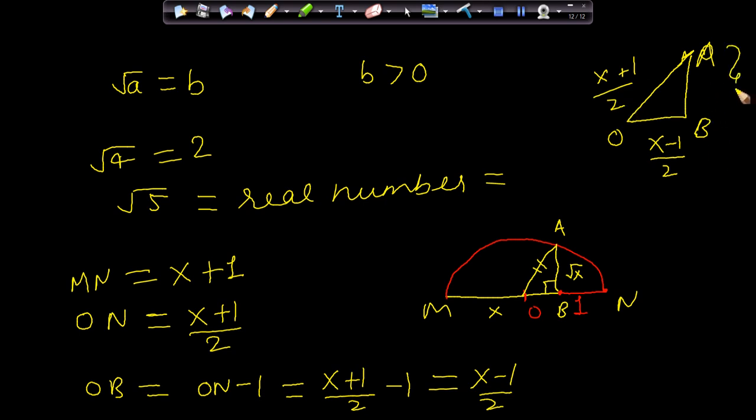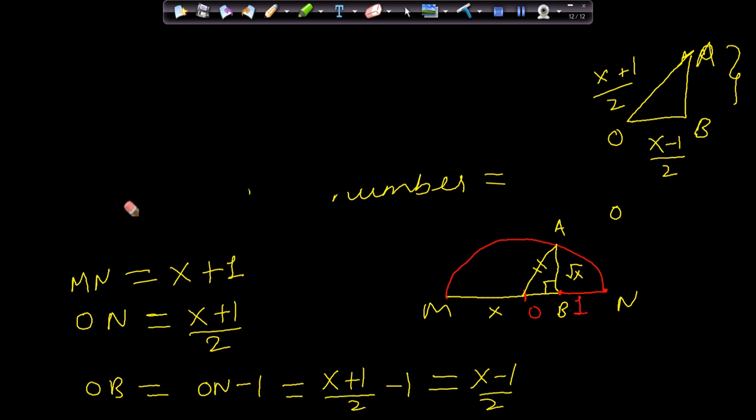So what will be this length? Using Pythagoras theorem, OA square will be AB square plus OB square, right?